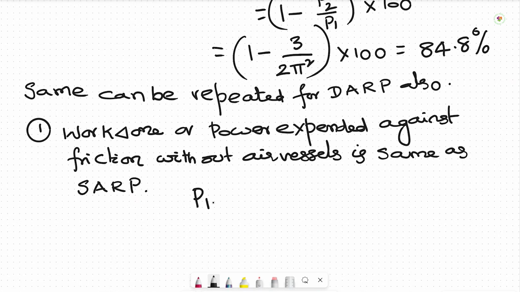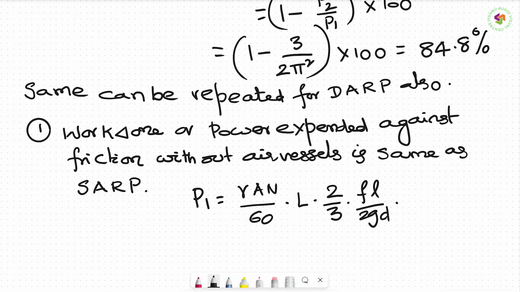That is P1 is equal to gamma AN by 60 L, 2 by 3 FL by 2GD into (A by a omega R) whole square.